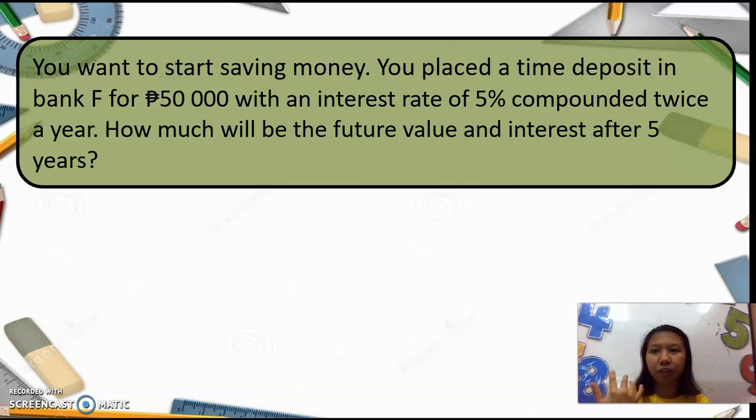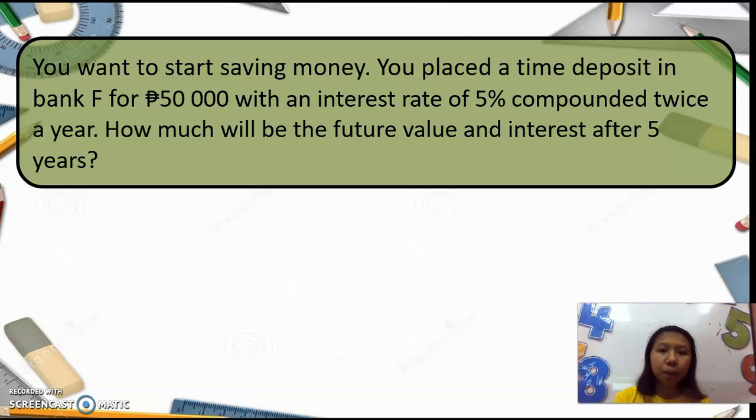For example, if the problem is about compounded quarterly, therefore we have four different compoundings every year. When we have compounded monthly, we have 12 compoundings every year. So that's what we call the number of compounding.